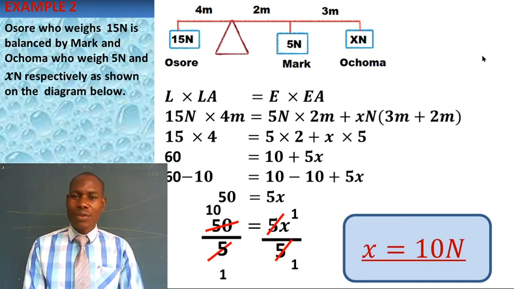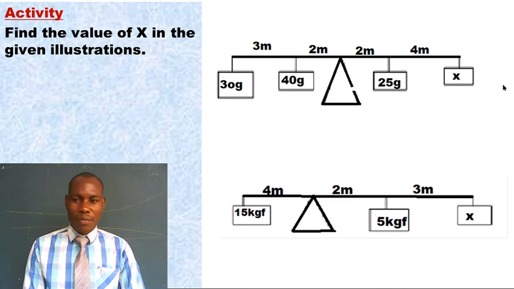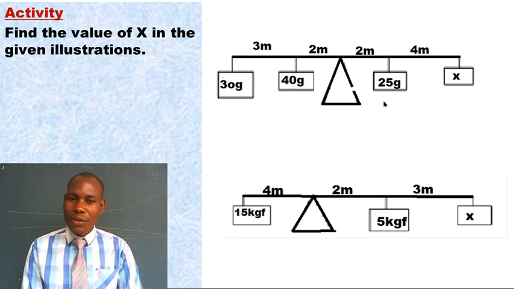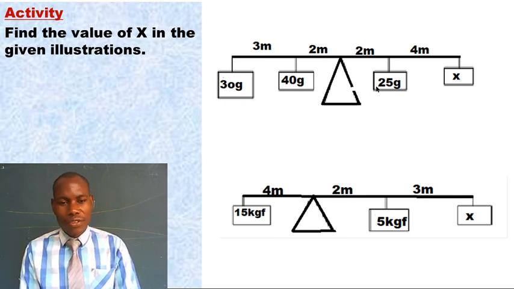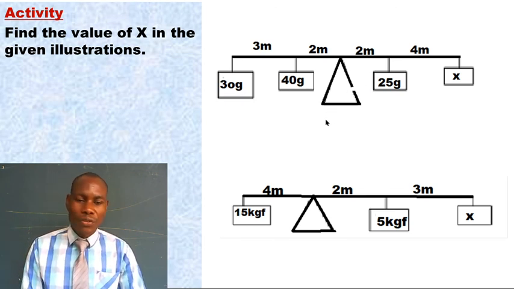Well, let us look at these questions that I am giving us as an exercise. Yes, activity. Find the value of x in the given illustrations. Well, you can find that this side there are two forces and this side there are two forces. So you know how to calculate that. You will get this times this plus this times.